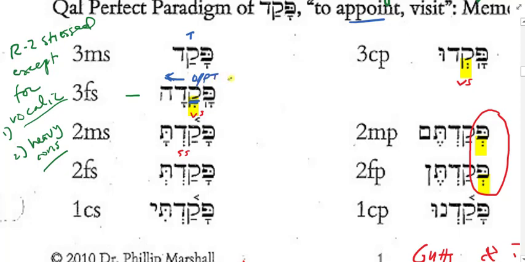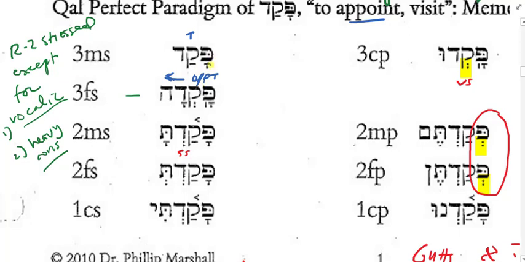What did you learn verbs do with open pretonic syllables in chapter 8? Do you remember what I had you do? Yes, these reduce to vocal shva. Nouns and adjectives reduce open propretonic syllables to vocal shva, but verbs like to reduce open pretonic syllables to vocal shva. So this now becomes open and pretonic, so my patach is going to change to a vocal shva.